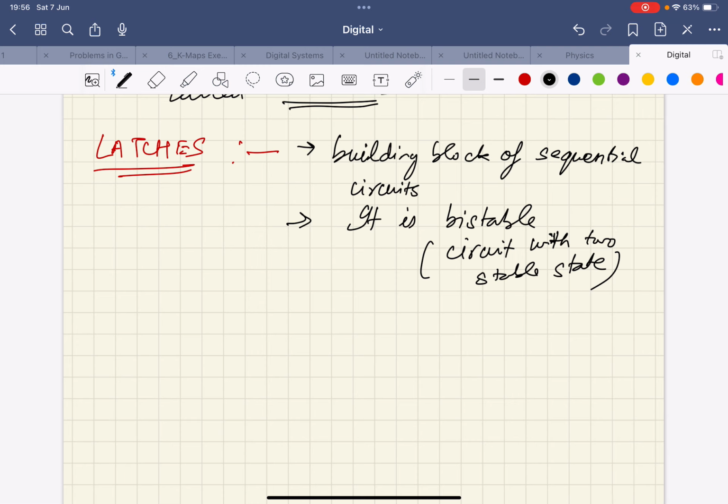Maybe next class we will discuss the S complement R complement latch, SR latch, and then the D latch. This is important, we will use it many times.